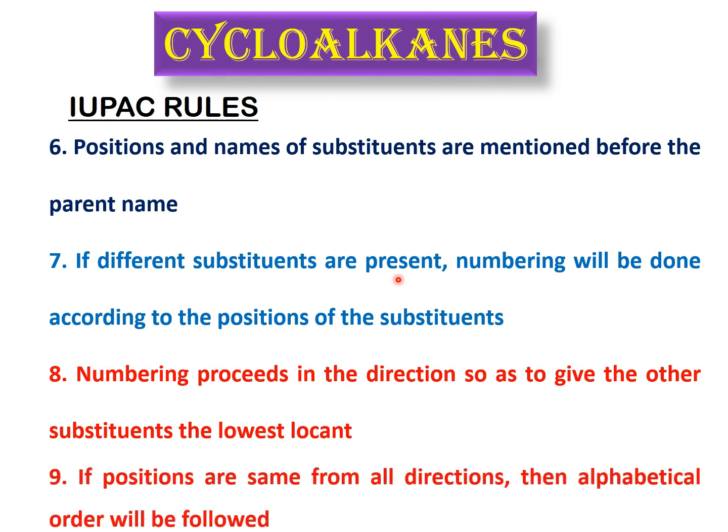If you have different substituents and they are positioned in such a way on this cycloalkane ring that their positions are similar from all directions, or from any of the carbon atoms from which you start numbering, then you have to follow the alphabetical order. Now we have to follow these rules in naming some of the molecules that I have for you today as examples. So let's see some of the examples.